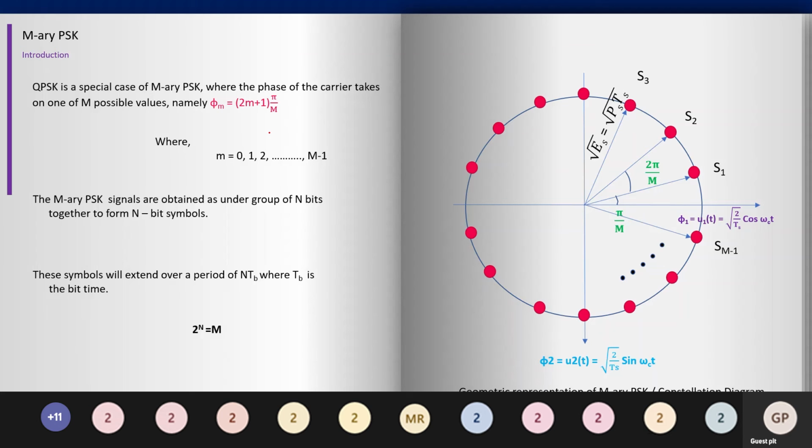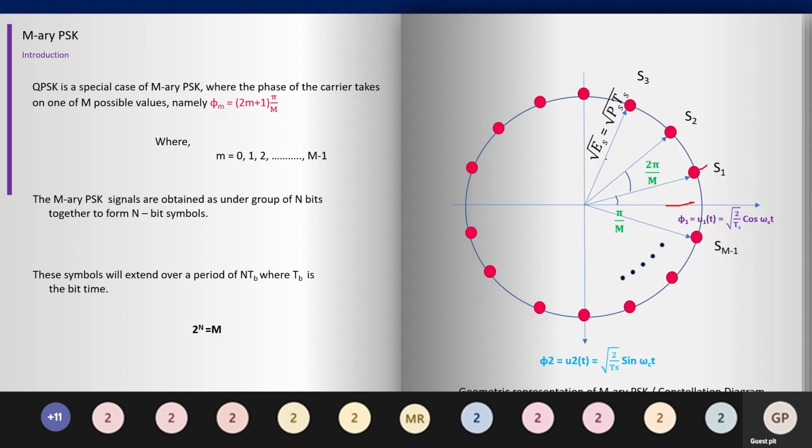As you can see in the constellation diagram, the symbols range from S1, S2 up to S(M minus 1). The space between the first data and the reference line is pi by M. The second difference, the gap between those two symbols, will be 2 pi by M.